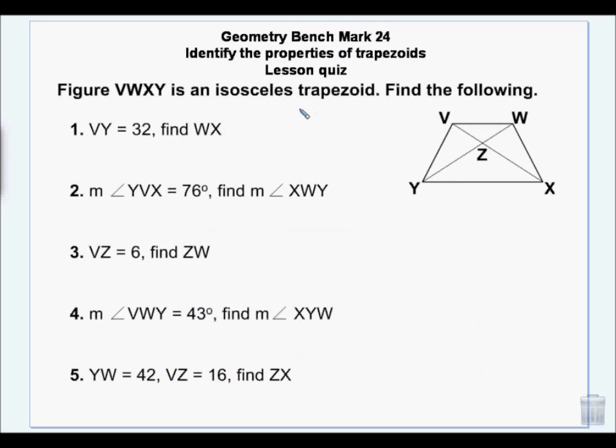All right. What we have here is an isosceles trapezoid. So we're going to find the following. If VY, that's this length right here, is 32, what's WX? 32.